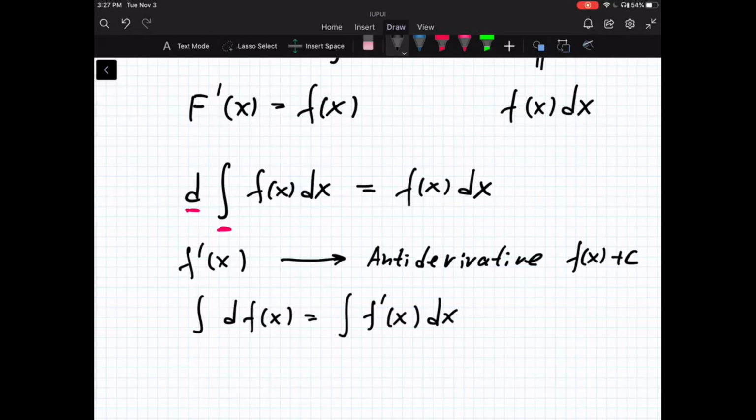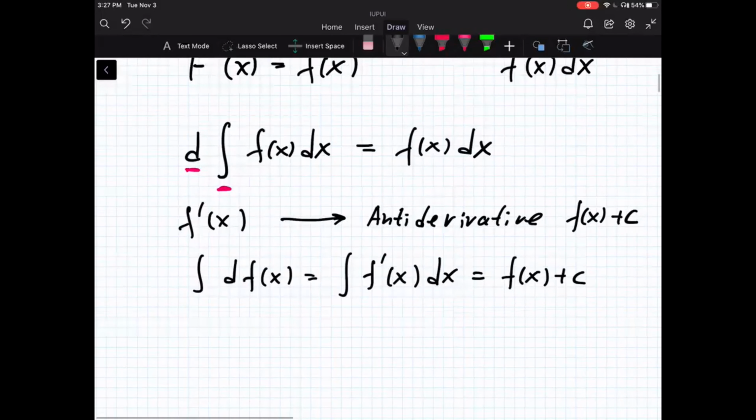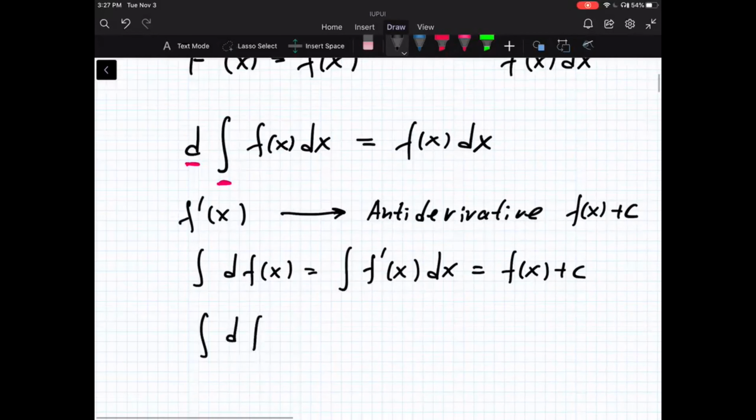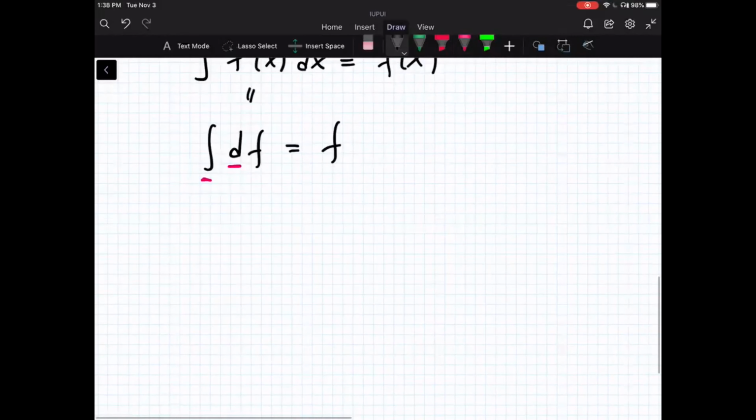It is the same as the process of finding the antiderivative of f prime, and the antiderivative is f of x plus constant. And so what we get is that the integral of d f of x is equal to f of x plus constant. So in some sense, that's why integration is the inverse operation to differentiation. This is just notation.